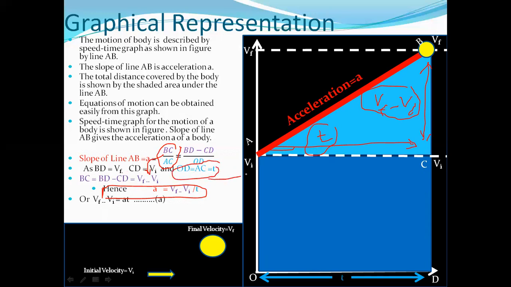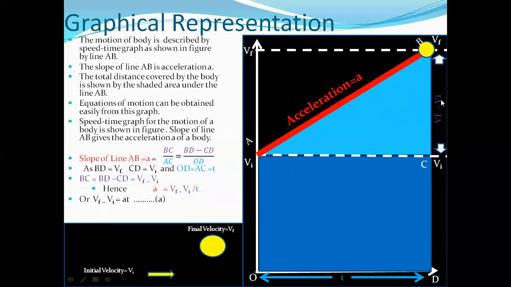So we have both these values now, and whenever we divide them with each other, we'll get a slope from a trigonometric formula which is equal to tan theta, which is representing the slope. Now in this case, we will represent this line as VF minus VI, which is represented in purple color.